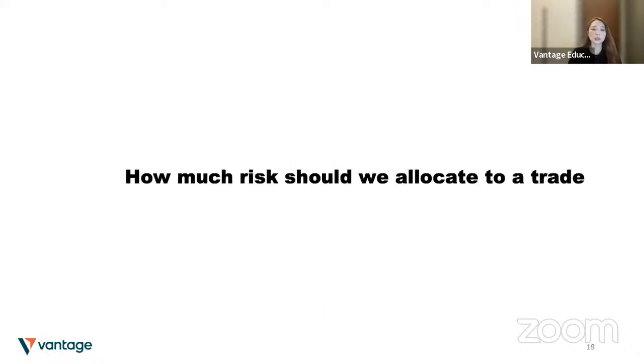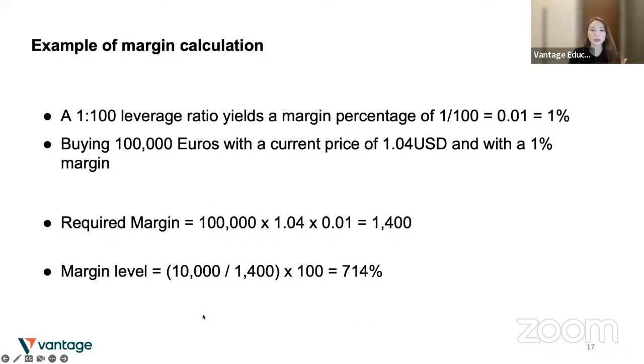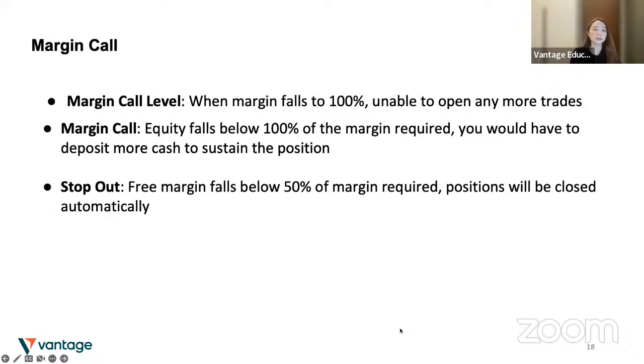Okay, so how does this percentage actually work? You can see the calculation here and how it relates to your account. When you're using margin, you can look at the margin call level. When margin falls to 100%, we are unable to open any more trades within the same account.